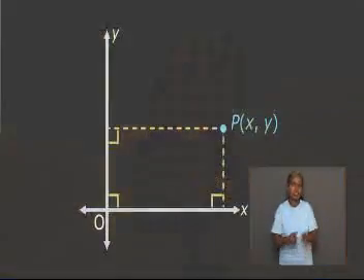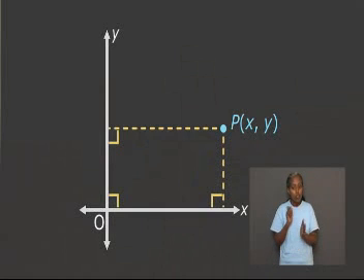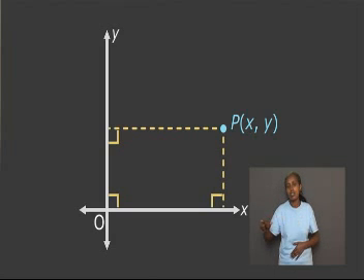Students, I am sure that you remember two-dimensional coordinate systems. For instance, you set up a rectangular coordinate system on a plane by using two straight lines that are perpendicular to each other, as we see here.